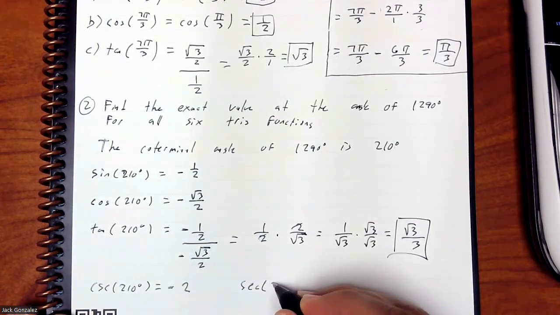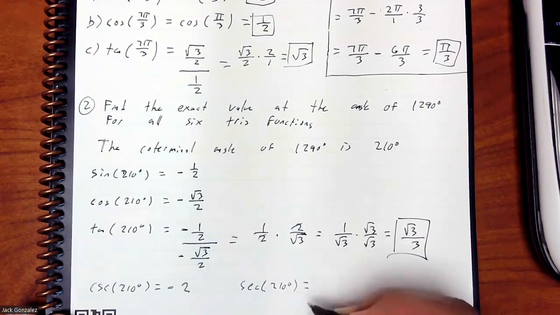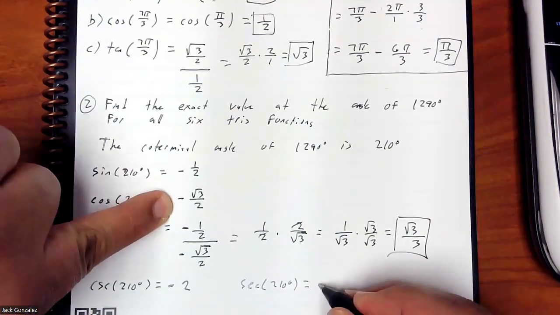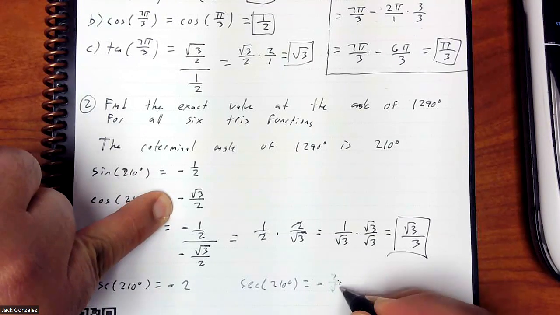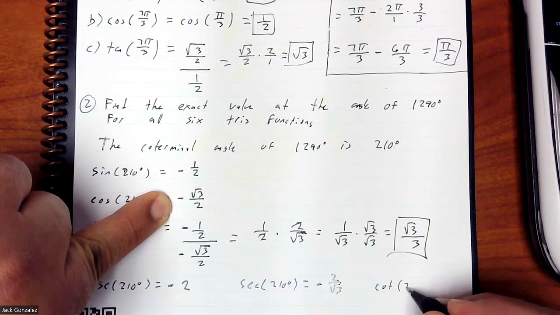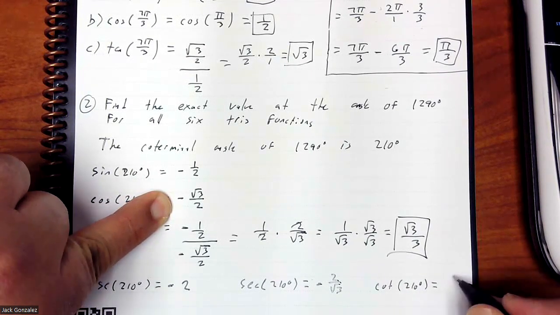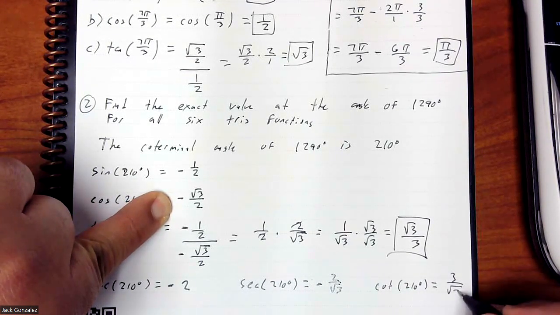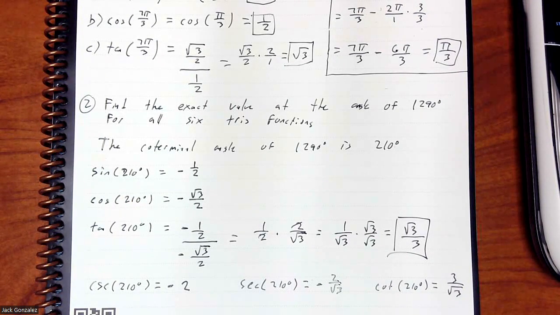Secant. Flip this one over. So tangent. I'm not going to rationalize because I'm out of space. You just take these solutions and flip them over. That's it. Take the reciprocal.